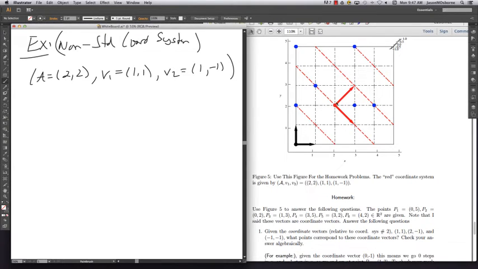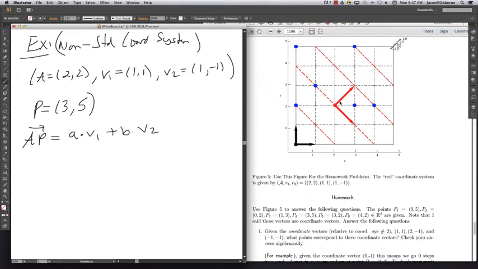Okay. And here is a point over here, 3, 5. Let's say that the point is 3, 5. And your job is to find the vector A to P, and then to decompose this vector A times V1 plus B times V2.